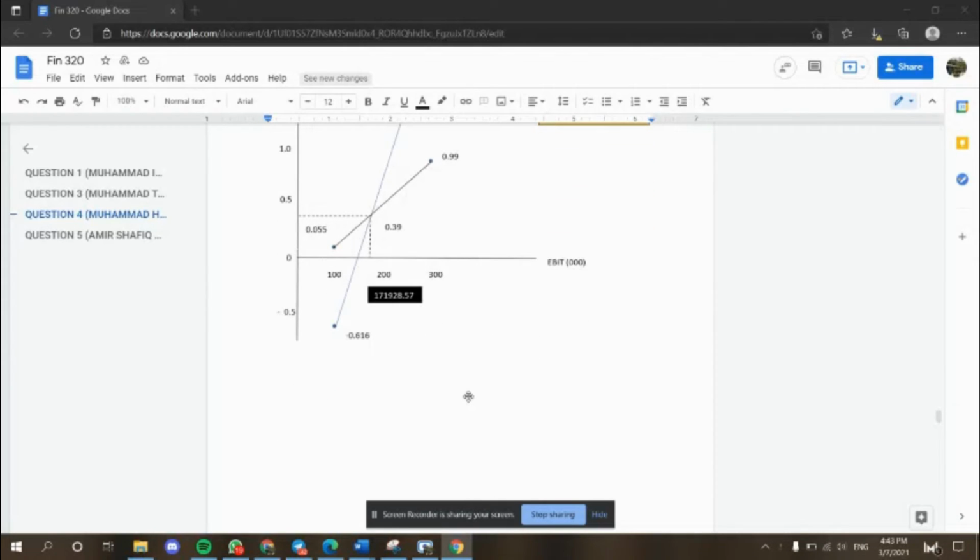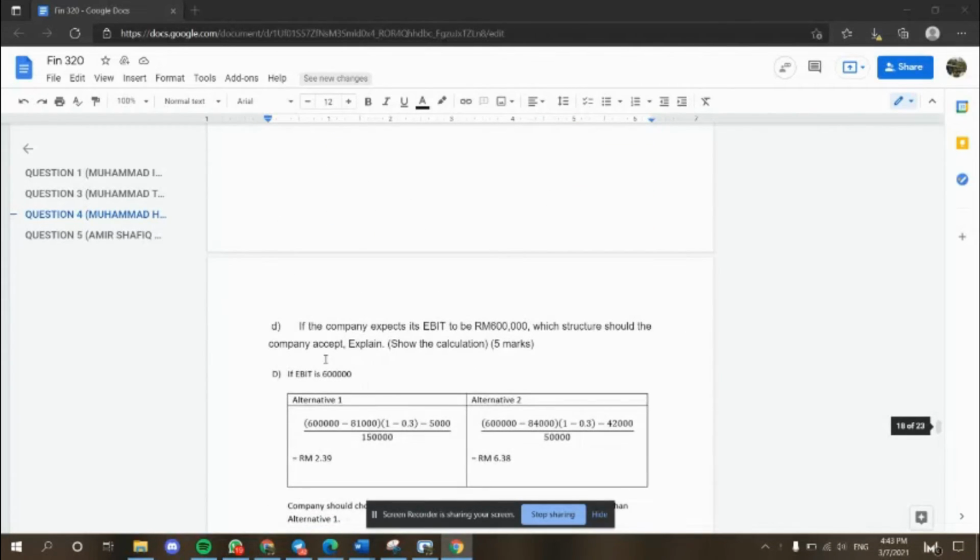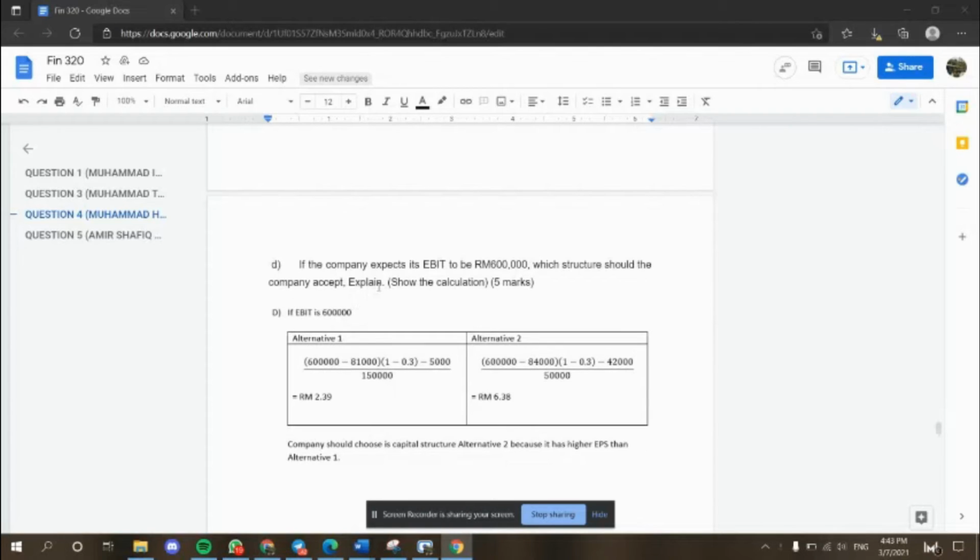Last question is D. If the company expects its EBIT to be RM 600,000, which structure would the company accept? Explain. Show the calculation.